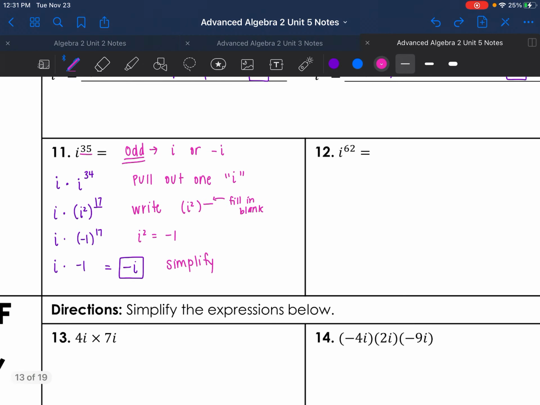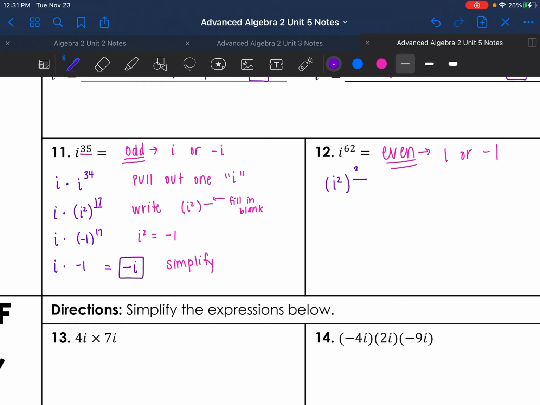So if we have an even exponent, it's 1 or -1. There's no reason to pull out an i because it's already even. So we can already go i squared to some power. What power does that need to be?